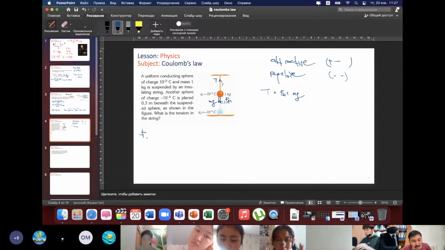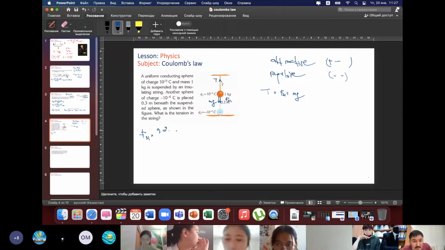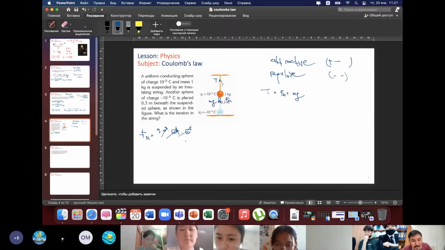The electrostatic force between the second and the first charge is 9 times 10 to the power of 9, times 10 to the power of minus 4, and times 10 to the power of minus 5. So I simplify these powers here because they cancel.